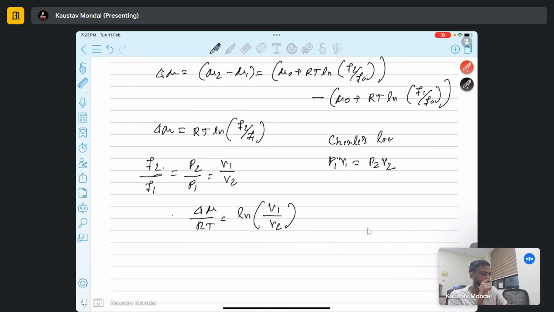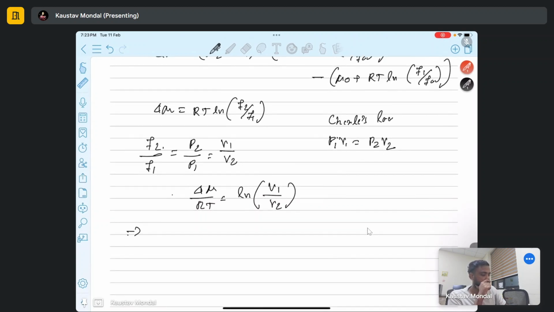V2 we already know, right? So now v1 will be equal to v2 into e to the power delta mu by RT.